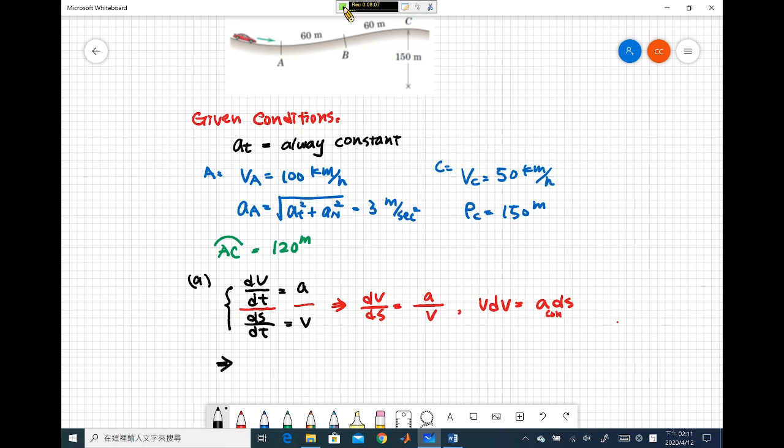From this equation, V dV will be equal to the constant A times ds. Then you do the integral, s from 0 to 120, V from VA to VC.